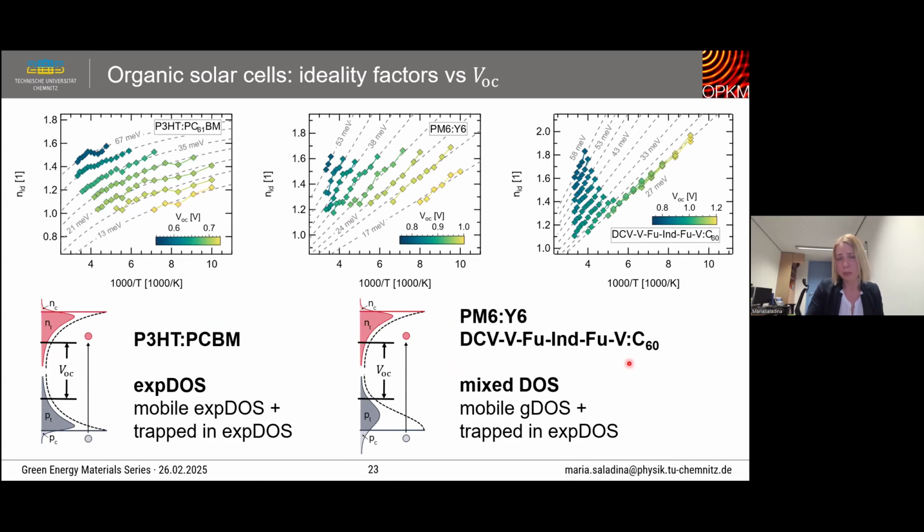Now, by using specific equations for exponential and mixed density of states, which are different, we are able to extract the Urbach energy from this ideality factor data.